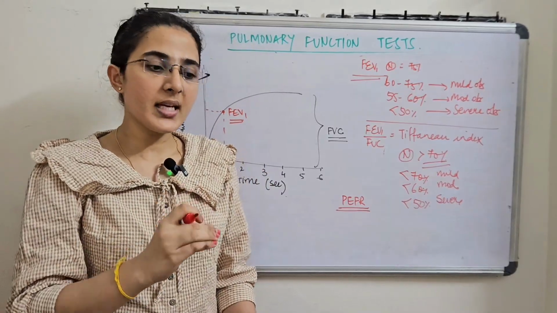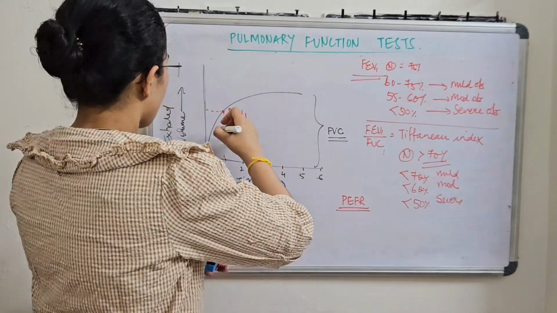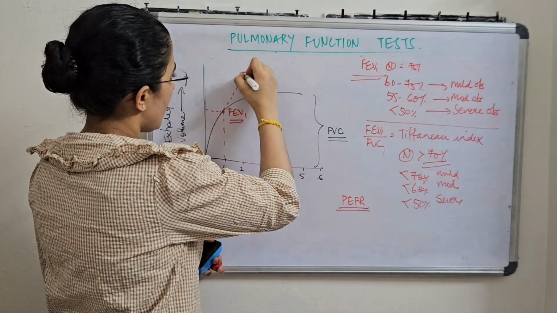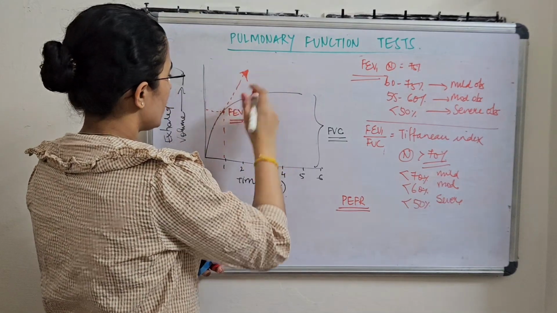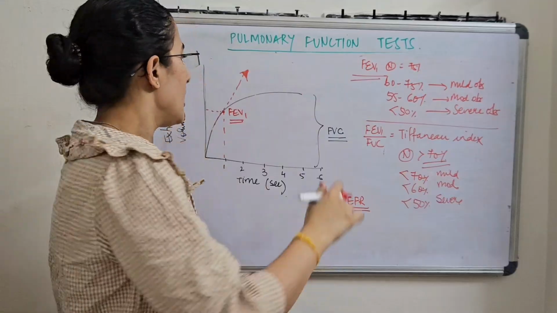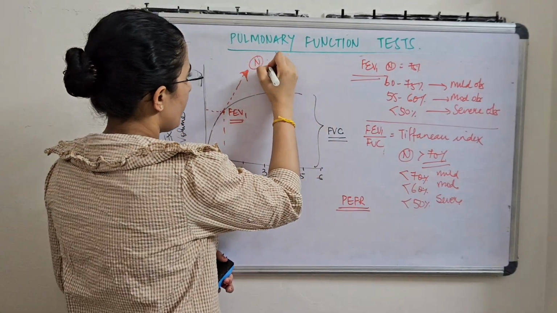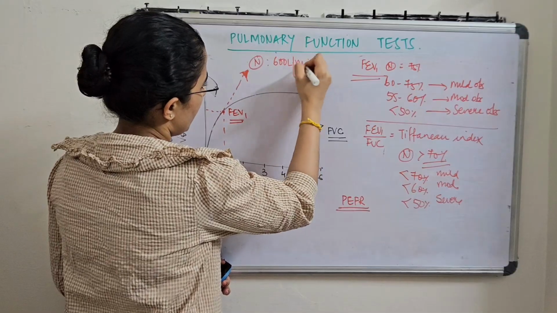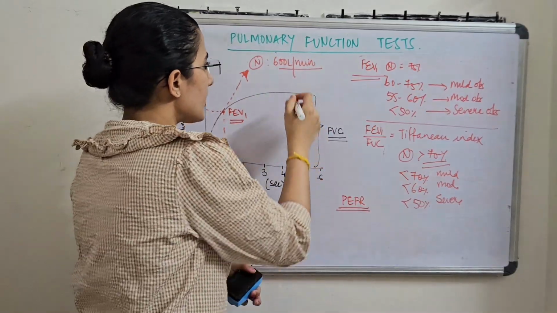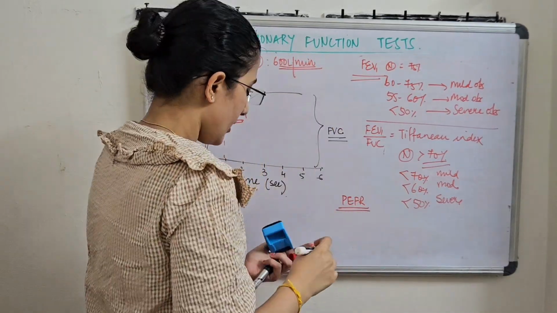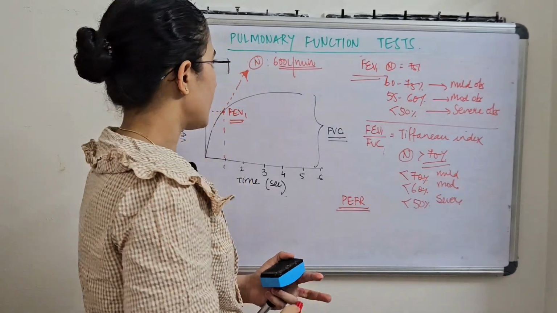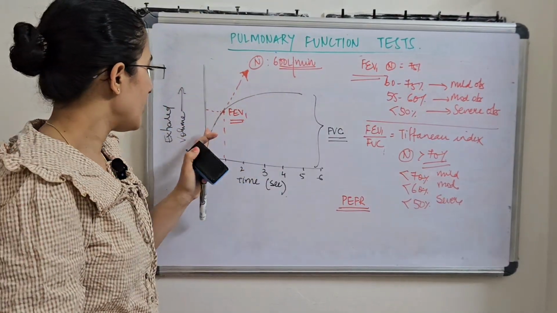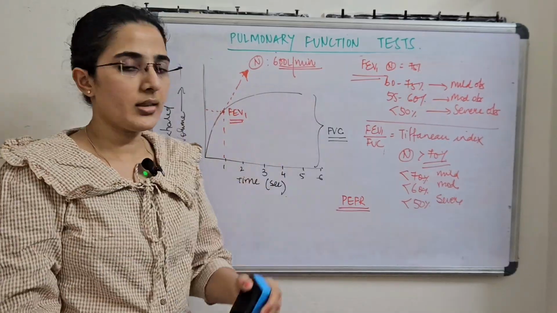It can be drawn by drawing a tangent to this FVC curve. The normal peak expiratory flow rate will be 600 liters per minute. This rate will be reduced in cases of obstructive lung diseases.